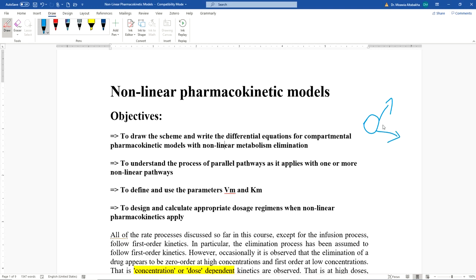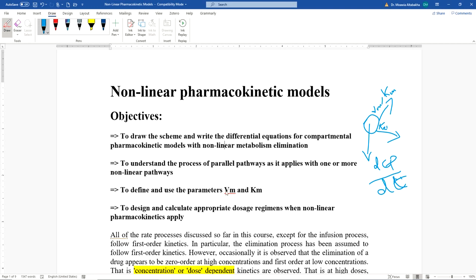One is linear, so we have something like KEL, and another one that is non-linear, which is controlled by two new parameters, which are Vm and Km. Okay, so how will the change in concentration, dCp/dt, look like?